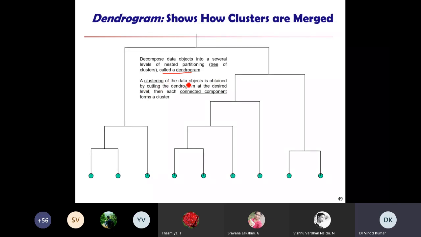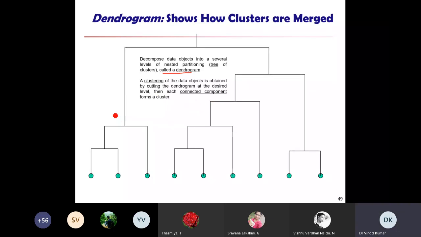A clustering of data objects is obtained by cutting the dendrogram at the desired level. You have to cut the dendrogram at a level, not in between. Then each connected component forms a cluster.